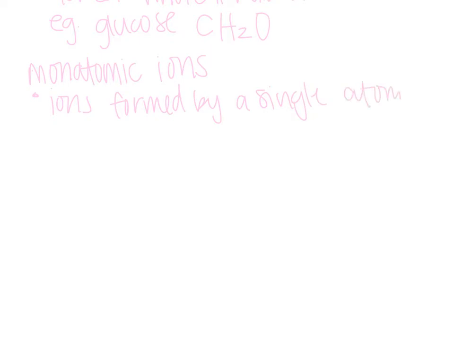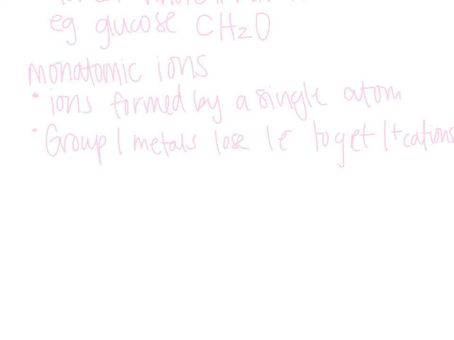So monatomic ions are ions formed by a single atom. For example, monatomic ions can be found in group 1. Those metals lose 1 electron to get 1 plus cations.